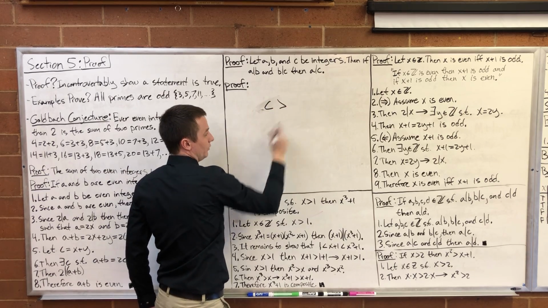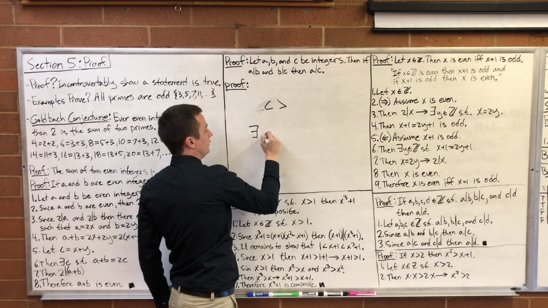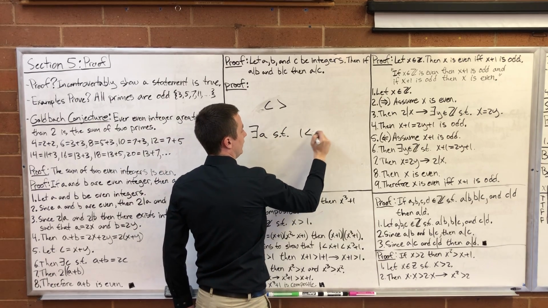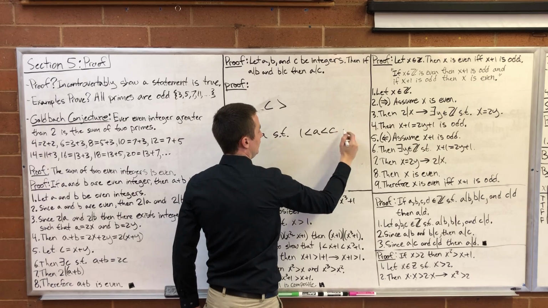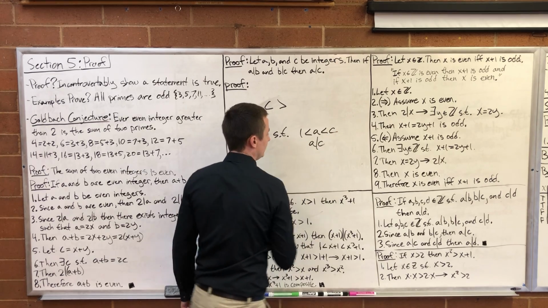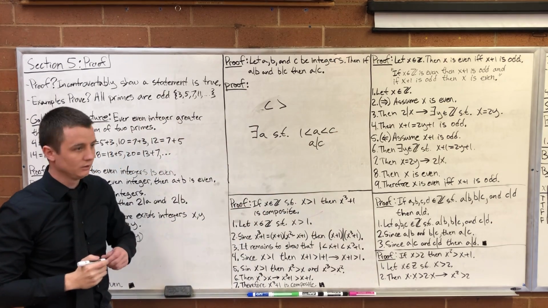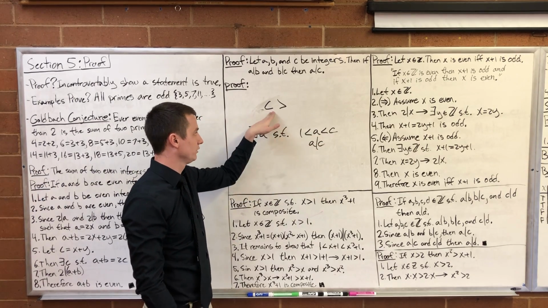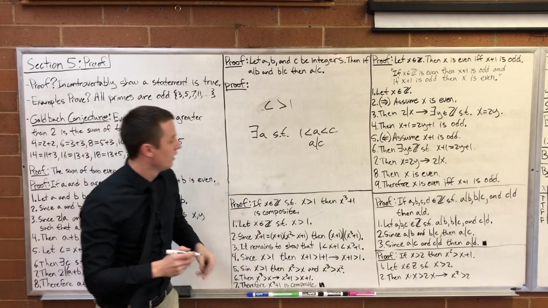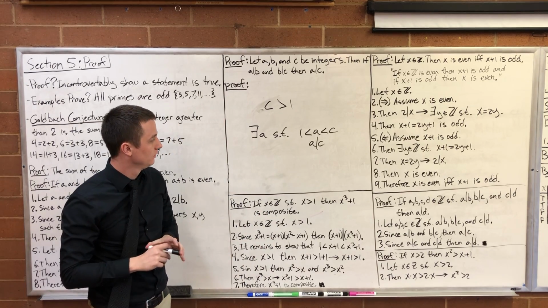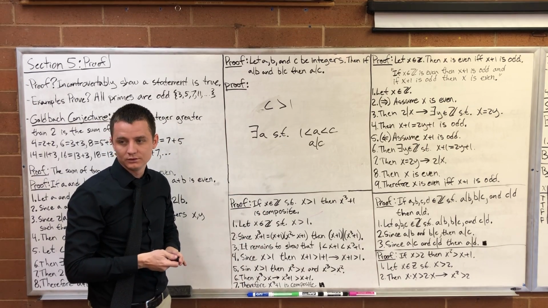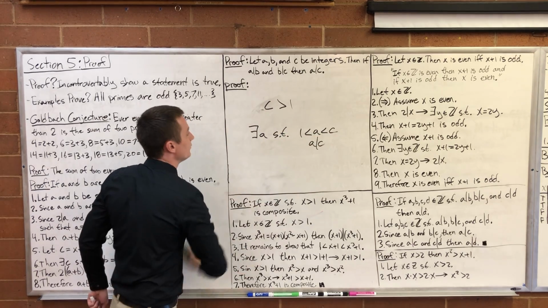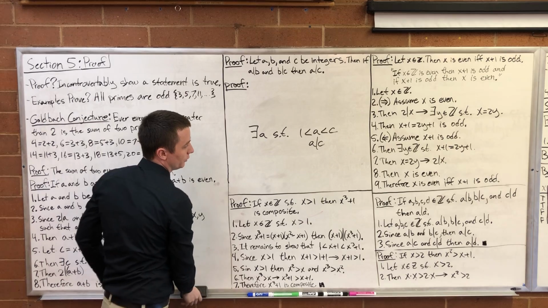If C is greater than 1, and if there exists A such that 1 is less than A is less than C, and A divides C, then it's composite. If I can find an integer between 1 and the number that divides it, and the number itself is greater than 1, then it is composite. Although we don't need the greater than 1 because this is already forcing it to be greater than 1. So we can just say that.